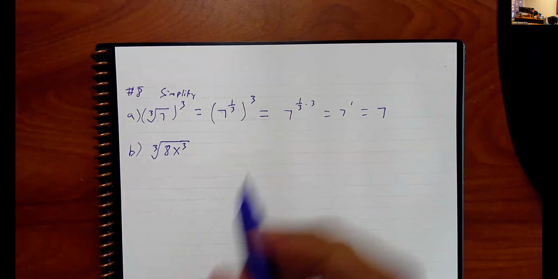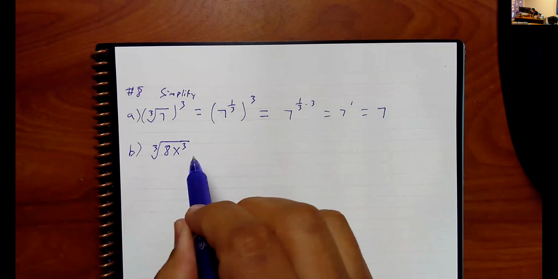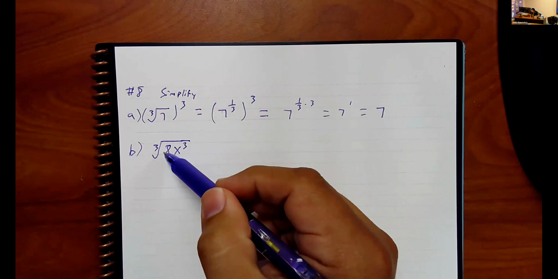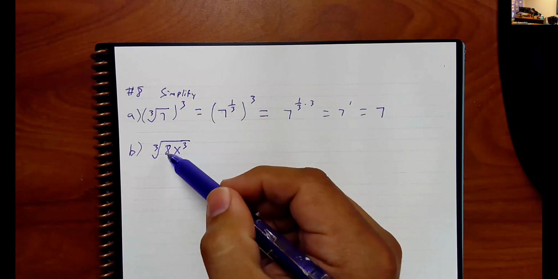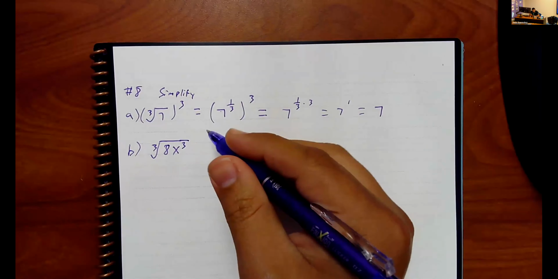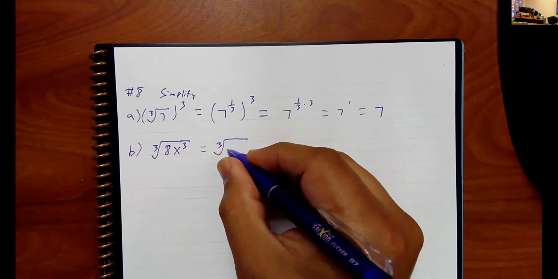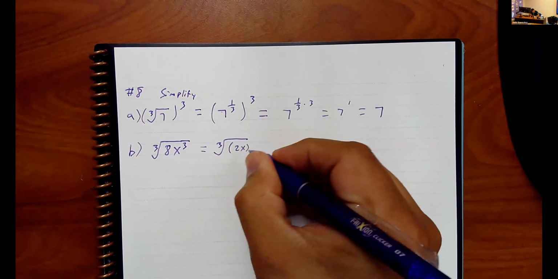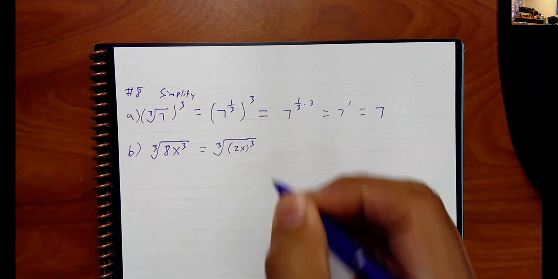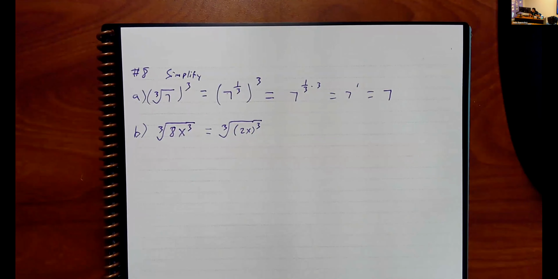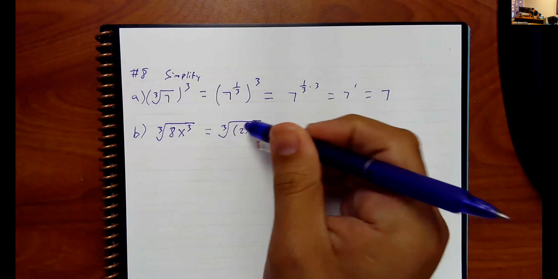So here, it looks like something might cancel, right? It's very tempting to cancel this 3 and that 3, but we have to first set it up because this 8 needs to be changed. So this is a 2x cubed. You see what happened? Let's show an extra step.